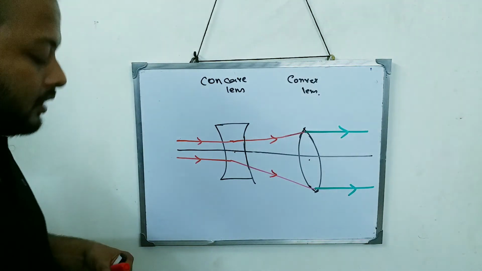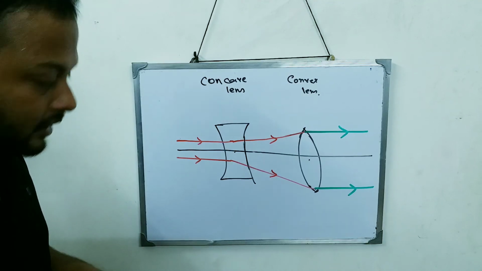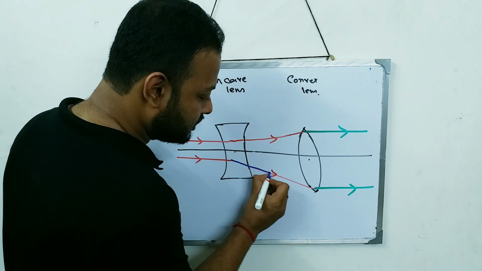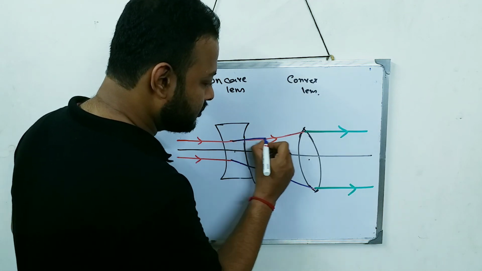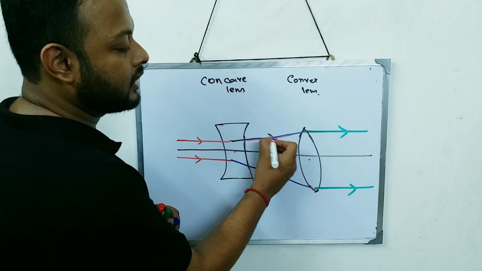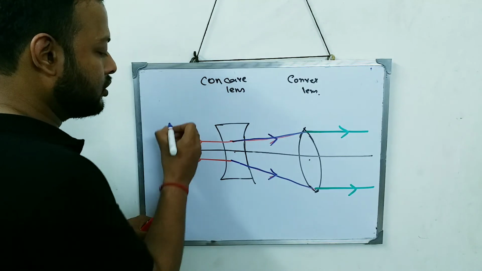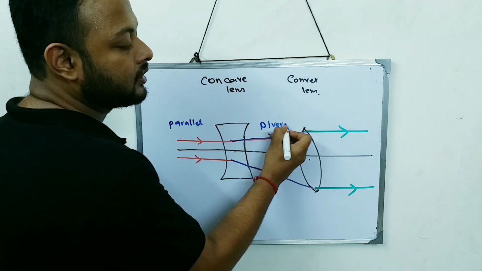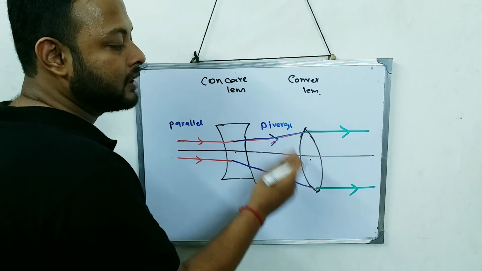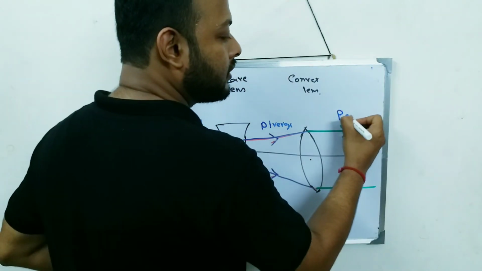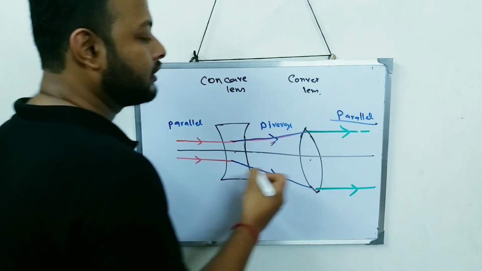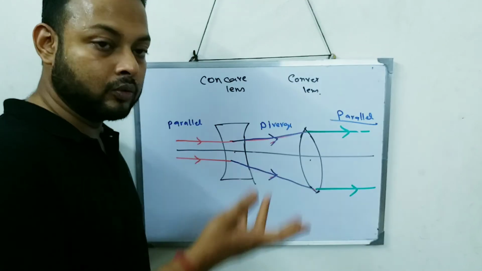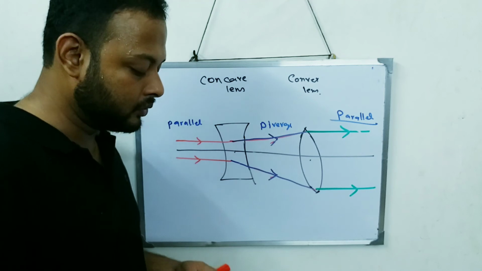So if I have to draw in a more specific way, the rays come in parallel, then diverge after the concave lens, and after diverging they become parallel again. The convex lens made this divergent ray parallel. Clear? So you see how the two lenses work when we put them together.